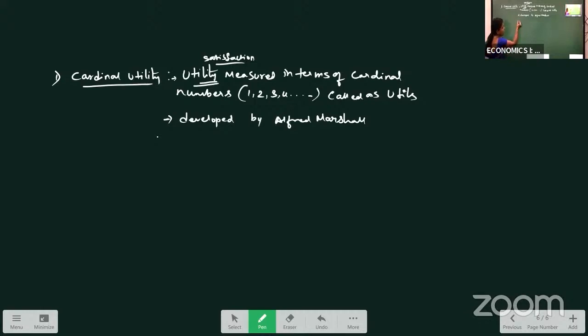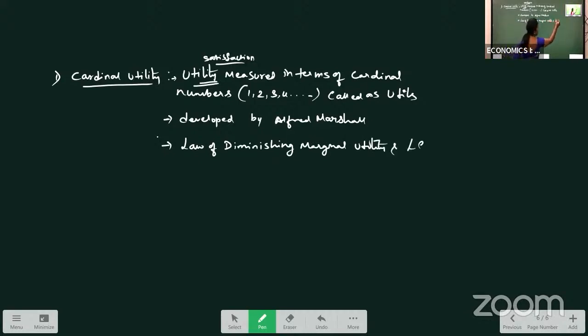And by using cardinal utility, the law of diminishing marginal utility and the law of equimarginal utility, which we are going to study in the next classes, are studied with the help of the cardinal utility approach.